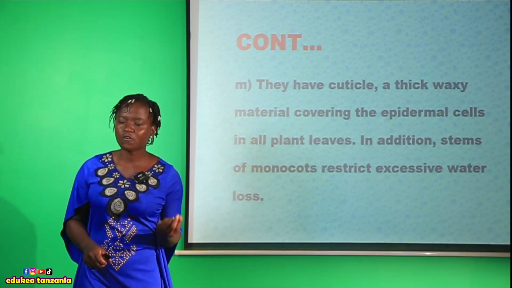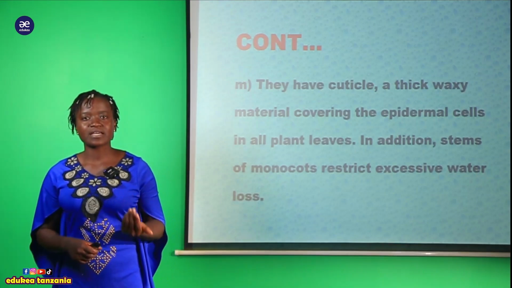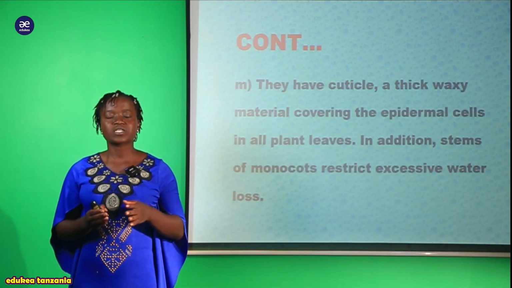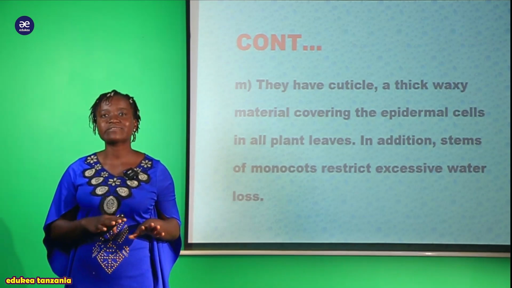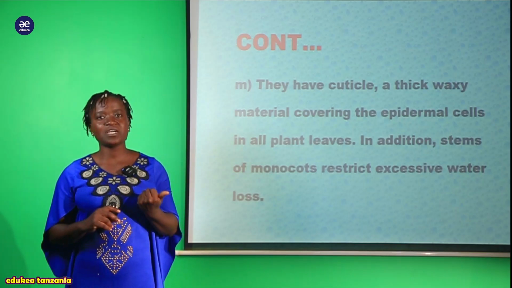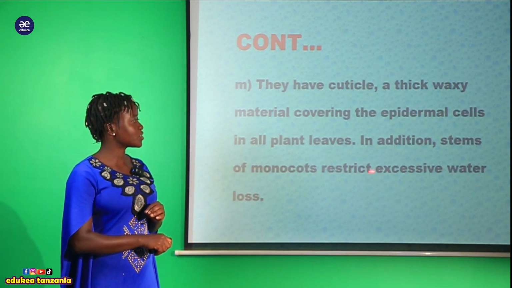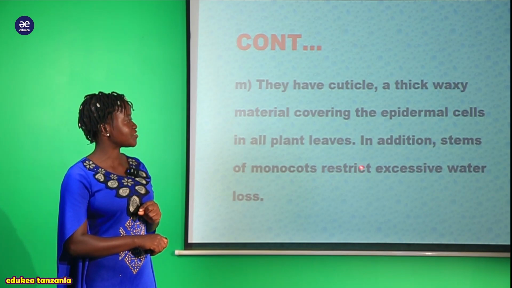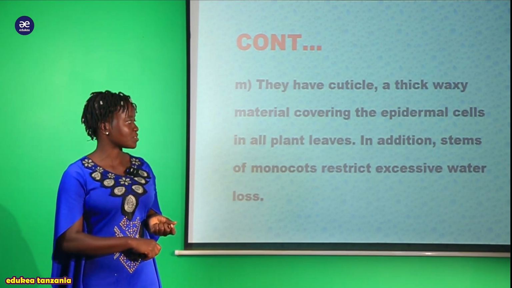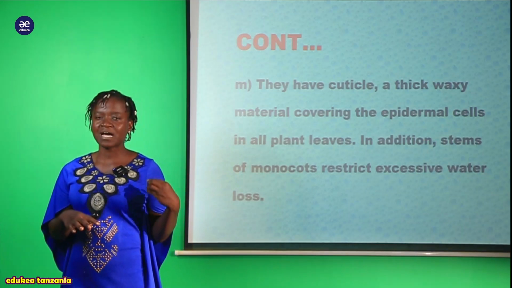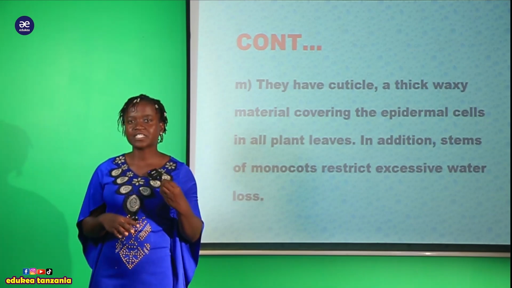Kwa due to the presence of cuticle, inawasaidia hawa organism ambao wanapatikana kwenye division ya angiosperm wasiweze kupoteza maji kwa urahisi zaidi. A good example here we have these monocots, ambapo sasa tunasema hawa monocots kwenye the stem of the monocots they restrict excessive water loss. Kwa maana kwamba maji hayawezi yakapotea kwa wingi zaidi kwa sababu tu wana presence of that cuticle.